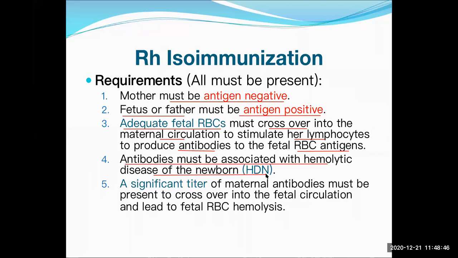What does that mean? They should cross the placenta and they should damage the fetal RBC. This is known as hemolytic disease of the newborn. And a significant titer of maternal antibody must be present to cross over into the fetal circulation and lead to fetal hemolysis. This is very easily understood. And that's why we check the titer. Remember that the higher the titer, the more severe is the damage.